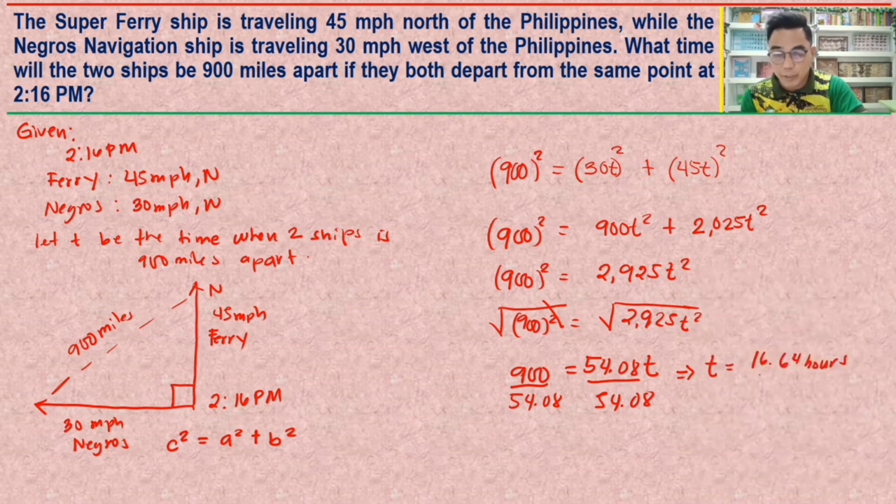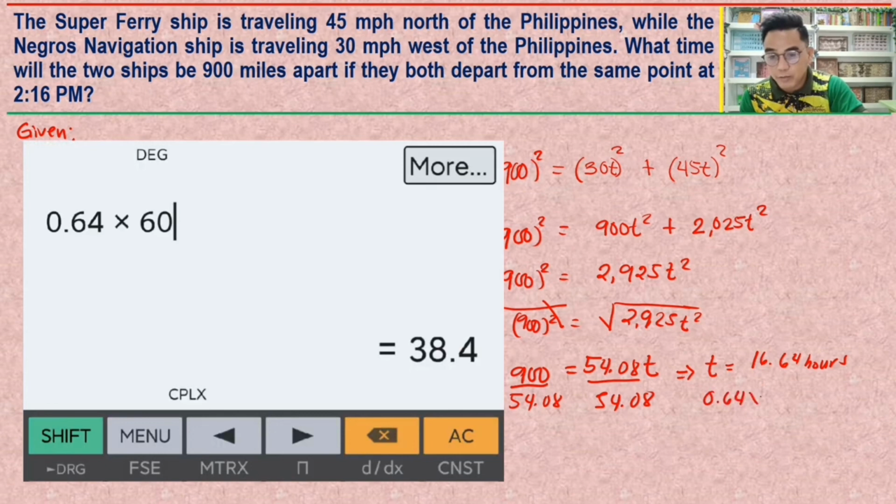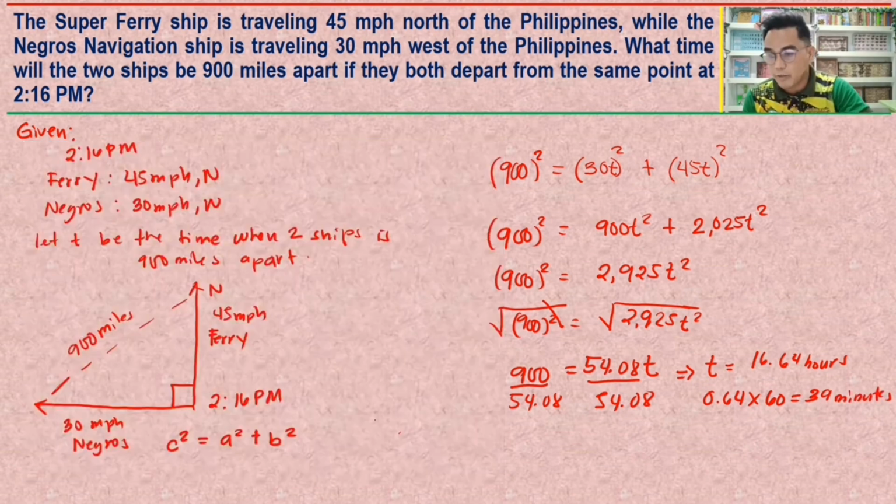Okay, so let's convert 0.64 to minutes. By simply multiplying 0.64 by 60 minutes, we have 39 minutes. Round up the ones value so that we now have 39 minutes.